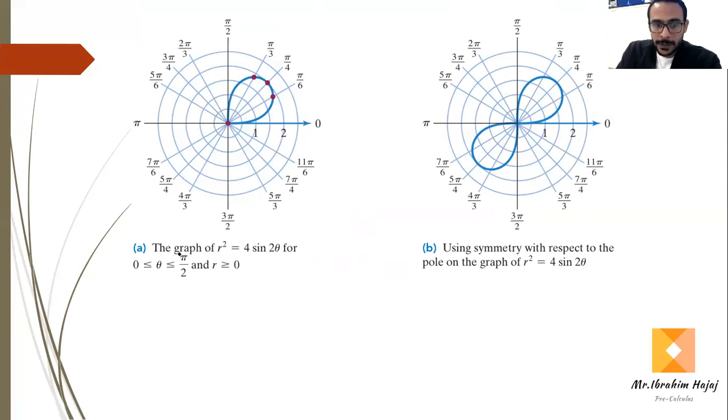The graph of r squared, for theta from 0 to 2 pi, with r more than 0. I'm using the symmetry with respect to the pole and graphing the other part here, because it's symmetric about the pole. Mister, I have a question.